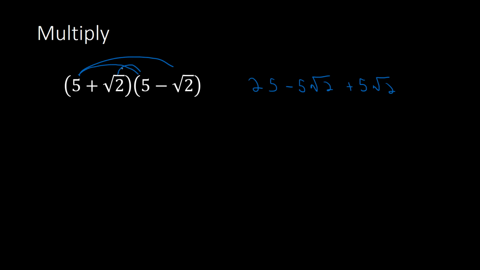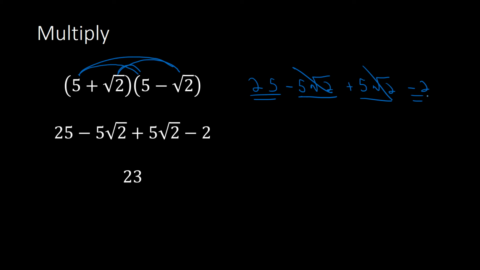And then the square root of 2 times a negative square root of 2 would give you a negative square root of 4, which would be 2. Now notice these two terms right here. Those can combine, and those would actually cancel each other. You have one negative, one positive, and they'd cancel. 25 minus 2 would give you 23. So my solution to this would be 23.